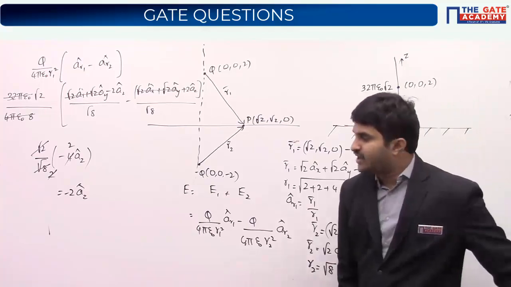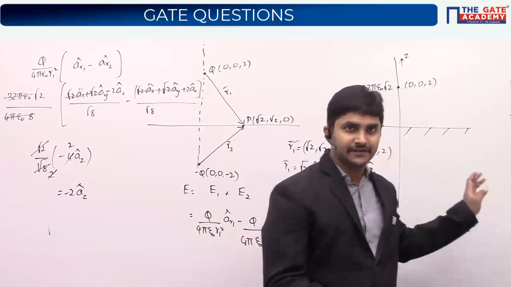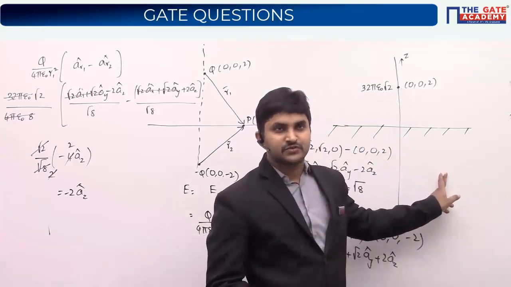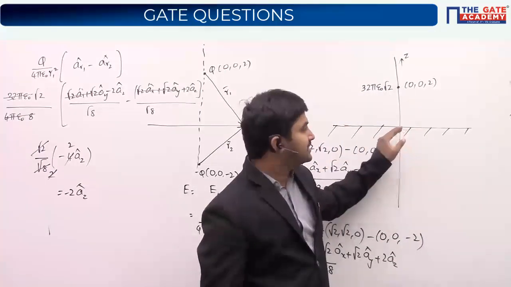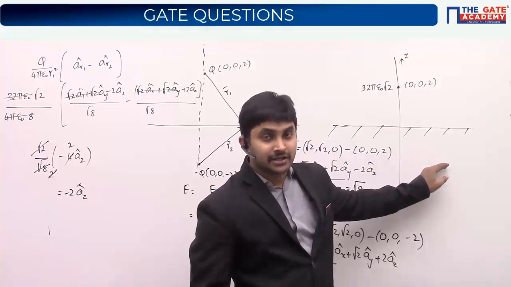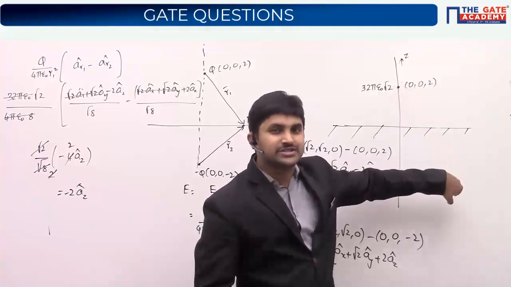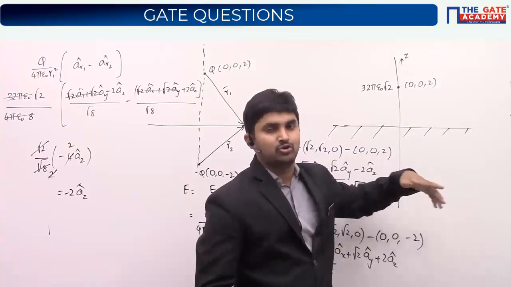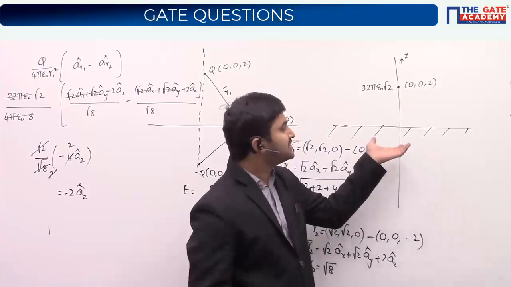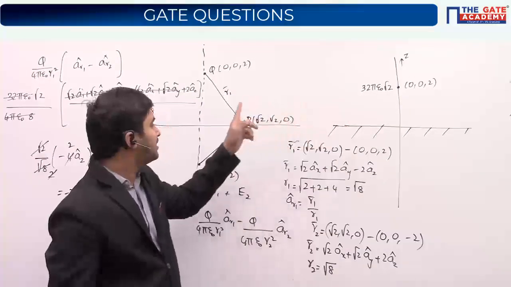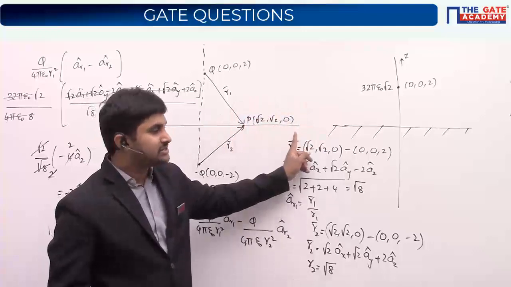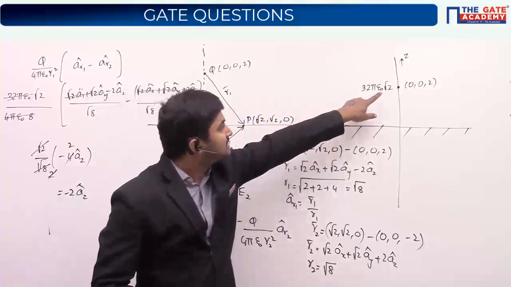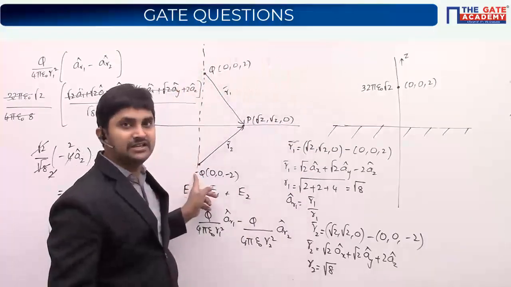We have taken the image charge because there is a metallic plane, right? That is what we have discussed: whenever there is a metallic plane, a negative charge is going to be induced inside the metallic plane. And how do we solve the problem? We replace the metallic plane with the equipotential surface, the charge itself and its image charge.